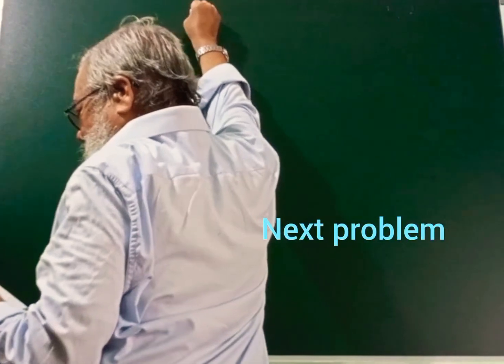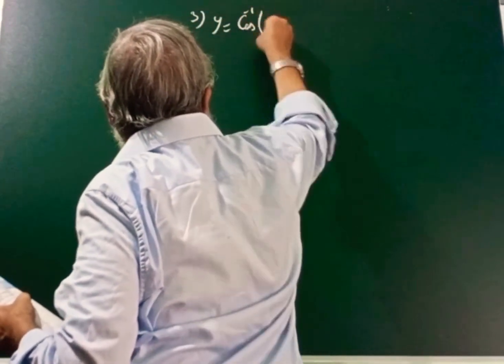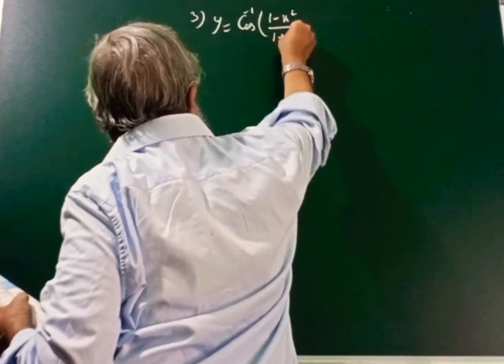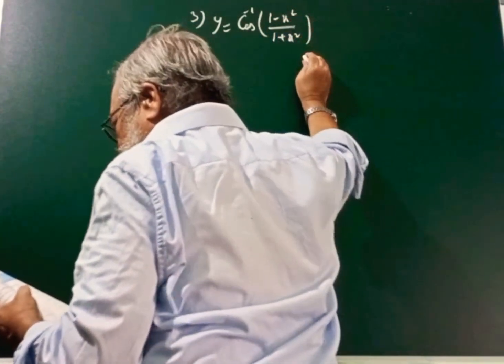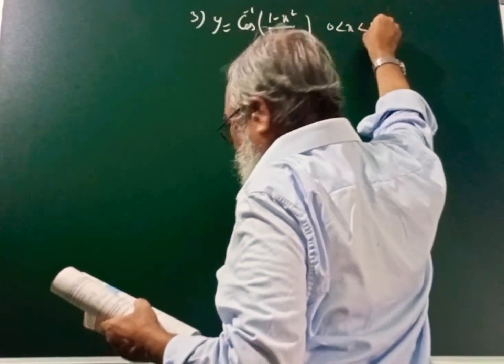Find dy by dx if y is equal to cos inverse of (1 minus x square) by (1 plus x square), where 0 is less than x is less than 1.